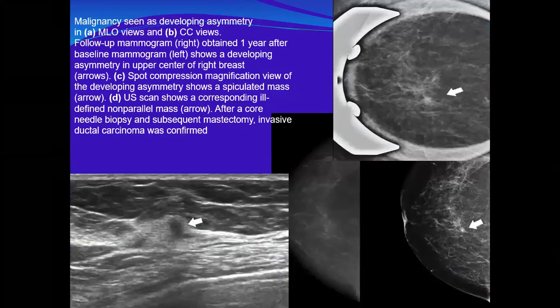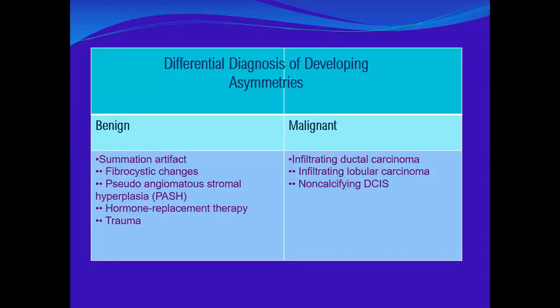Okay. Excellent. Well done. So, the differential diagnosis of developing asymmetries. It can be summation artifacts. It can be fibrocystic. It can be pseudoangiomatous stromal hyperplasia. It can be hormonal replacement therapy. It can be trauma, including surgery.